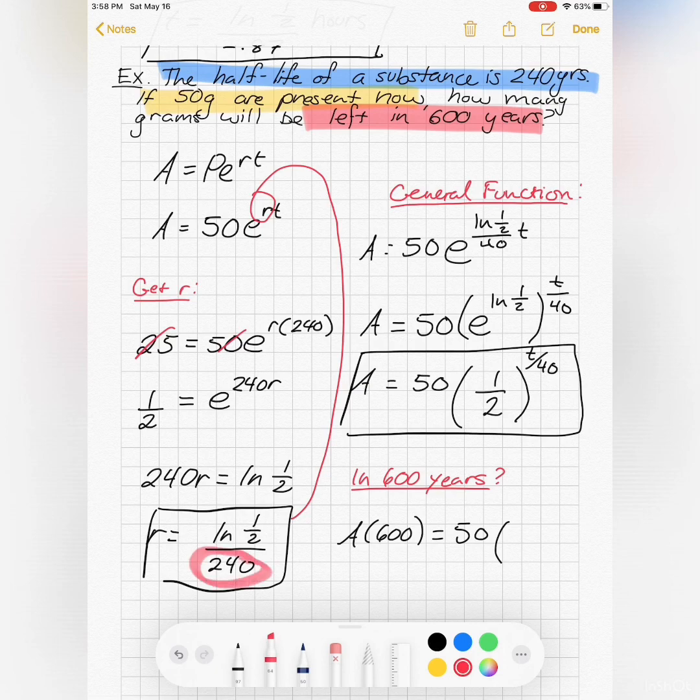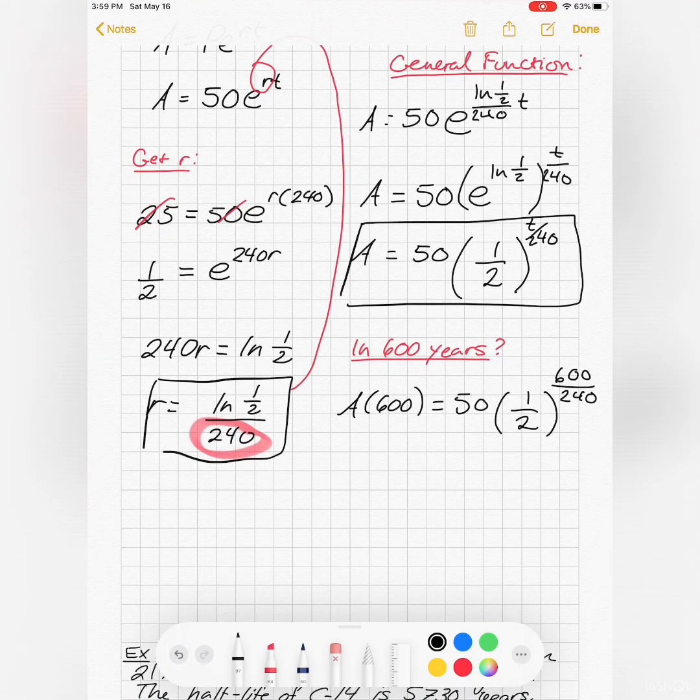So look, it's 240. So let's fix that. Just noticed I lost my 2's. Okay, so I'm plugging in the 600. 50 times a half, 600 over 240. So there's an answer.